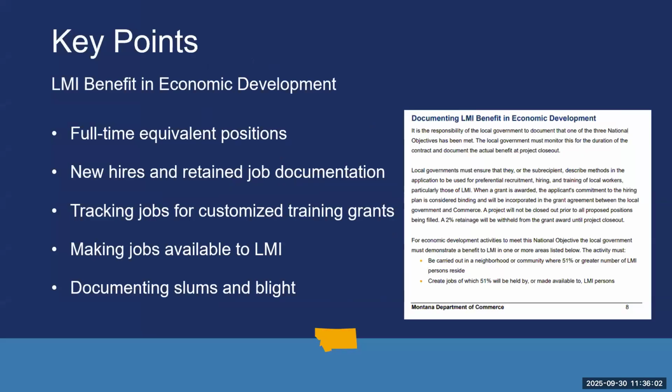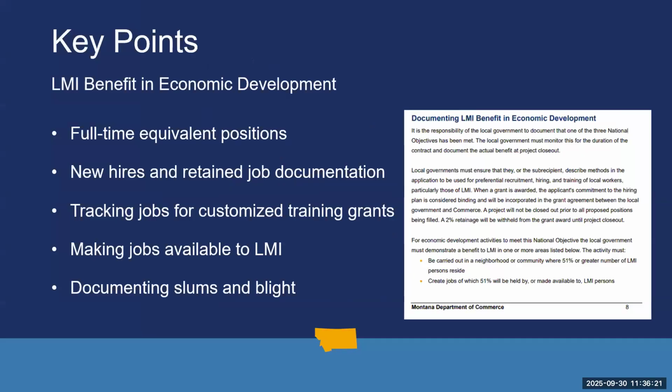Some other key points: pages 8 through 12 discuss LMI requirements for economic development and how to document. Of pages 8 through 12, really pay particular attention to pages 9 and 10, which discuss how all jobs must be converted into full-time equivalent positions.